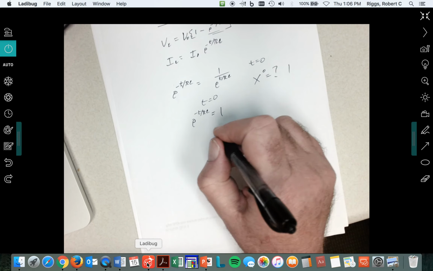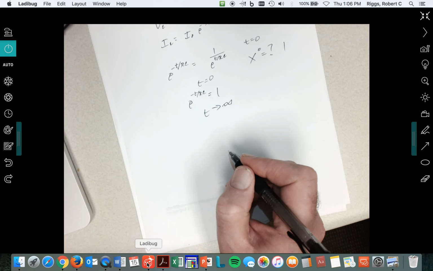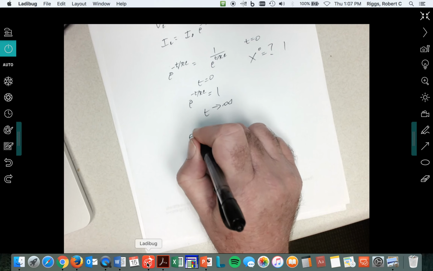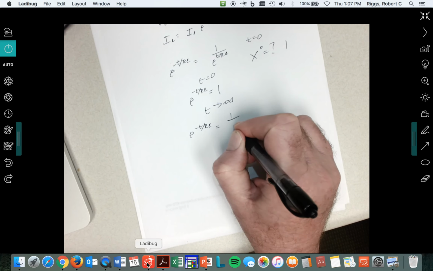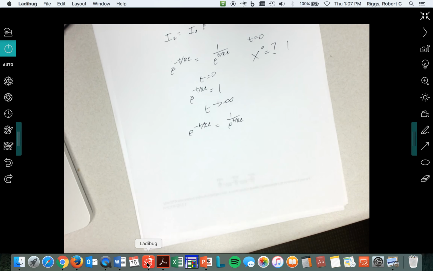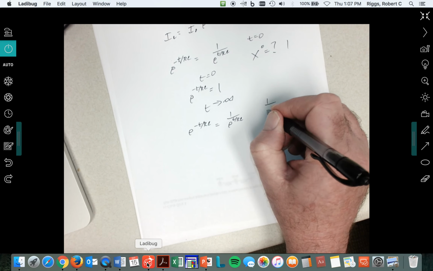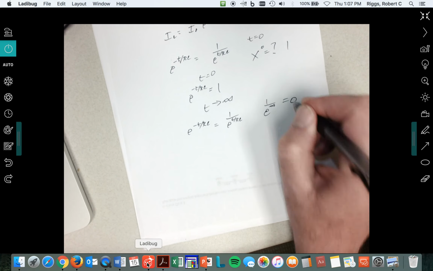But what about when t goes for a long time, out to infinity? Remember, e to the minus t over RC is equal to 1 over e to the t over RC. So if I've got 1 over some number to infinity, what does that equal? You're right, 0. So that goes to 0.